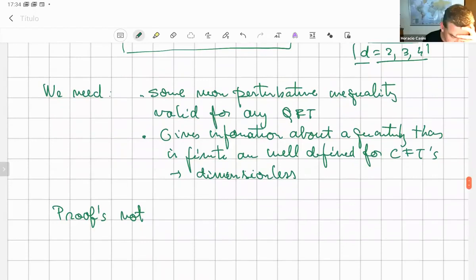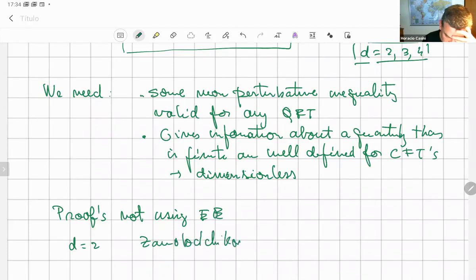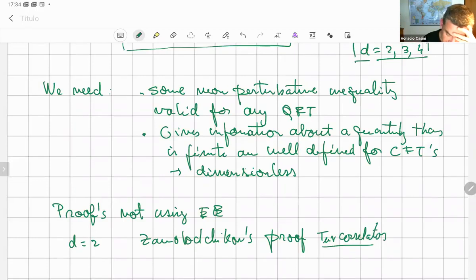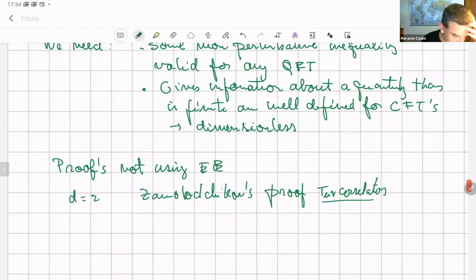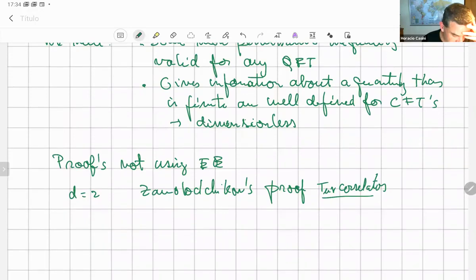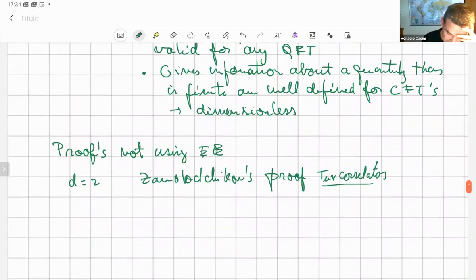There are some previous proofs not using entanglement entropy. For D equal to 2, we have some proof that uses T mu nu correlators, that of course can be defined for any theory, at least the ones that contain the stress tensor. This is in the 86.